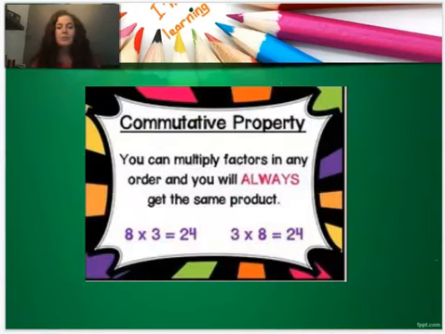So the commutative property of multiplication is when you can multiply the factors in any order and you'll always get the same product. Here it's restated another way, and it's important that you compare this generic statement of A times B equals B times A, and division is not commutative.